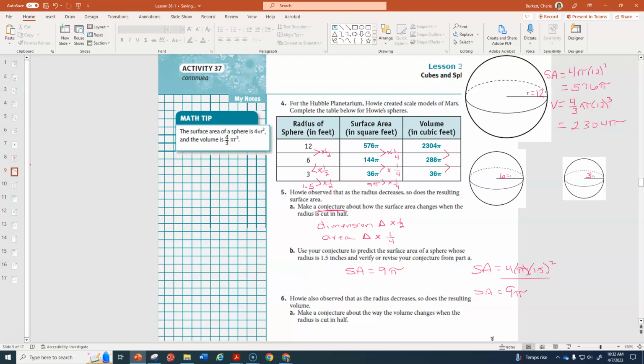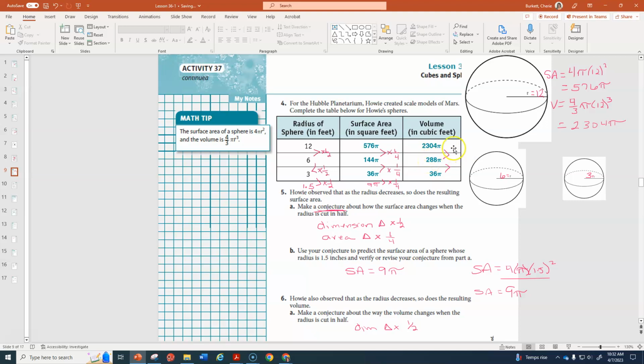So now the next question down here, number 6, says we notice that the radius decreases, so does the resulting volume. Make a conjecture. Okay, so again, my dimensions are changing by 1/2. And what did my volume do? So find out the ratio between this 2304 and this 288.